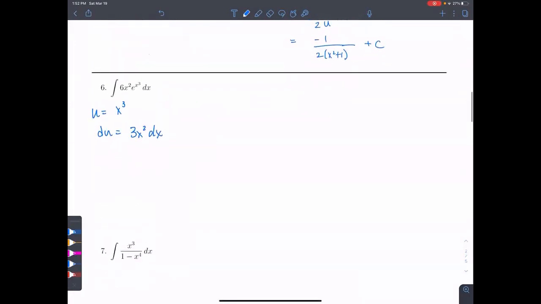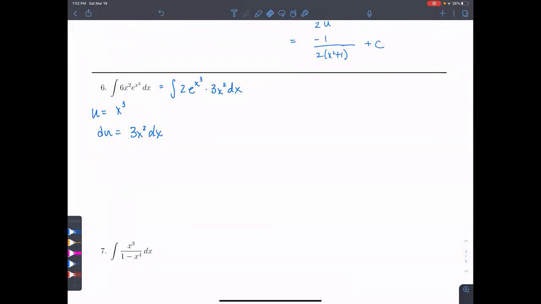Notice that what I have here is actually 6x squared dx. So I'm going to write this as 2 times e to the x cubed times 3x squared dx, because that is what I actually can substitute in for. And 2 times 3 is 6. So I've taken that and just split it up into the parts that I want. Hopefully that makes sense.